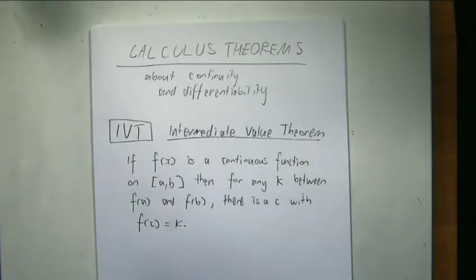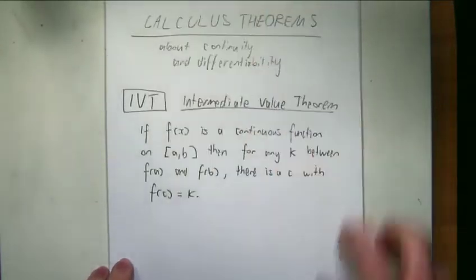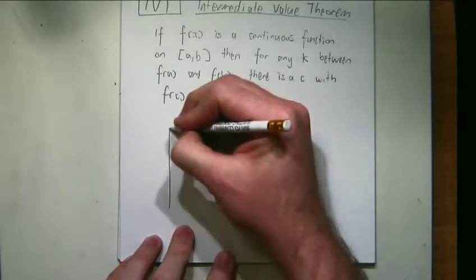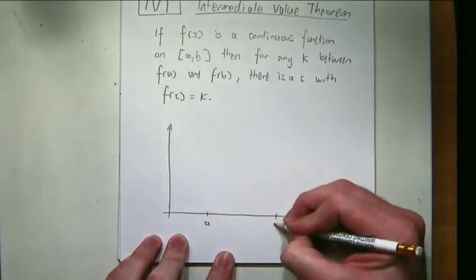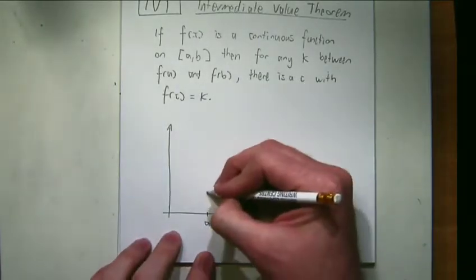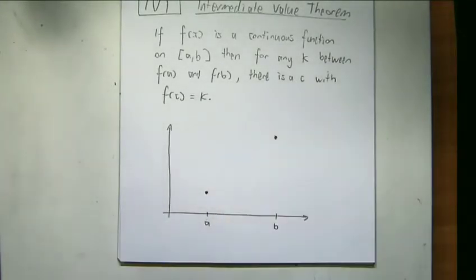But what you would like is something to understand it, and understanding means that you need pictures and stories and connections to other stuff. So the picture goes something like this. You've got your a and you've got your b, and your function goes through those points, but you're not sure where the function is yet because you haven't been told what the function is.